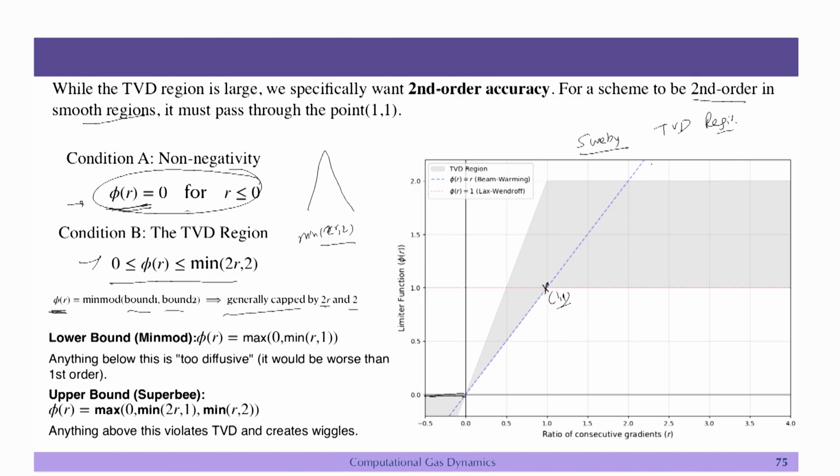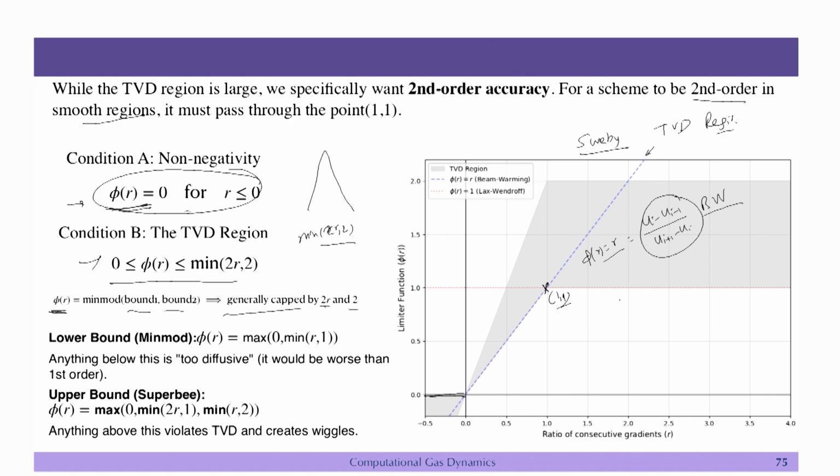Basically you will have one line which is coming like this, which is nothing but phi r equal to r, and what is r here? r is u I minus 1 over u I plus 1 minus u I, right. If you put this in the expression that we had earlier, you will get the Beam-Warming scheme. Remember, in Beam-Warming we are using the upwind slope.